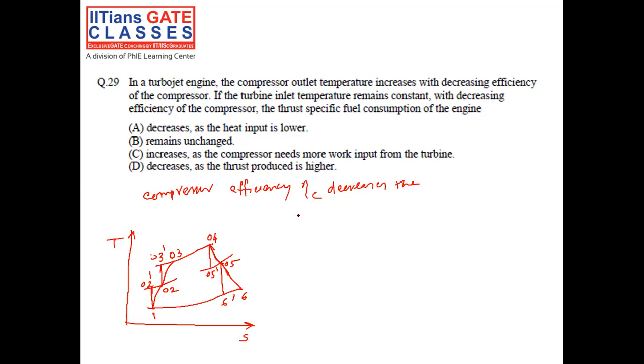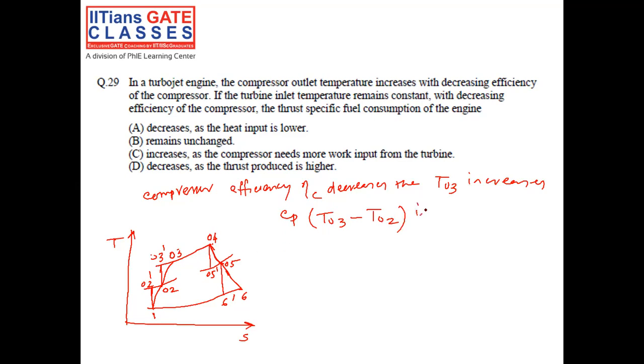As eta C, that is the compressor efficiency, decreases, the compressor outlet temperature, that is TO3, increases. Right, TO3 increases. Now the total power required to run the compressor is Cp times (TO3 minus TO2), and this power is contributed by the power produced in the turbine, right?